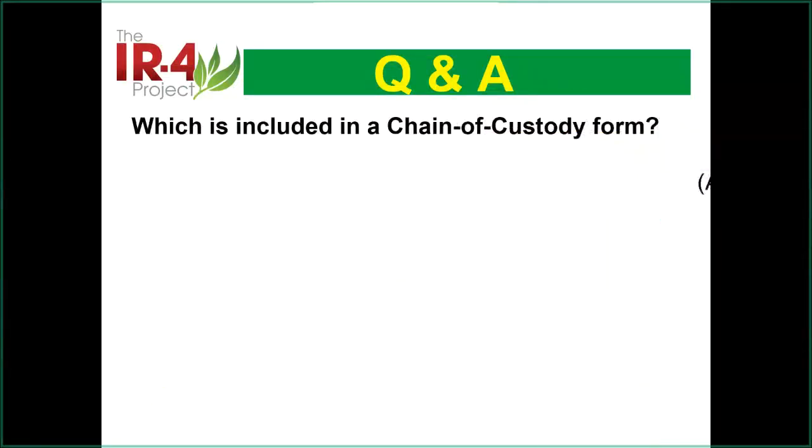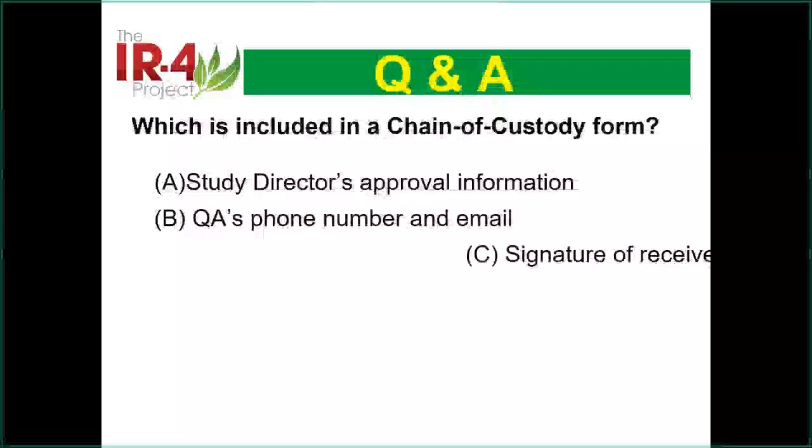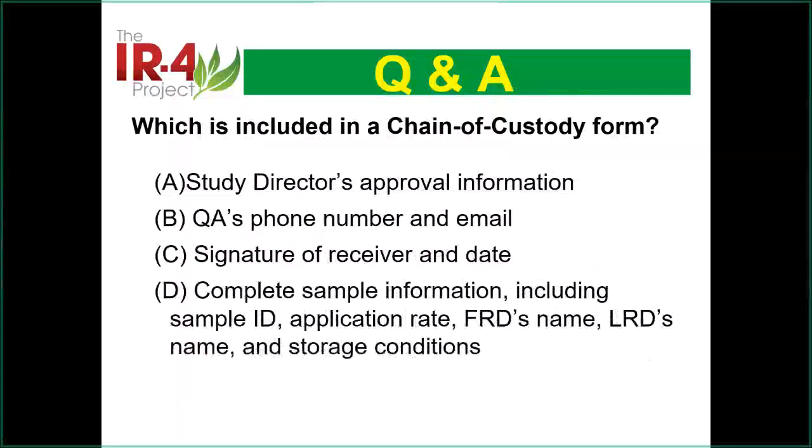Okay, this question. What should be included in the chain of custody form? Is it the study director, because everything needs to get approval? Is it the QA, because QA needs to do the inspection?